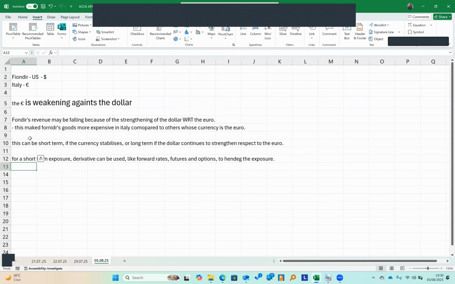So now, if the exposure is long term, what do you do?